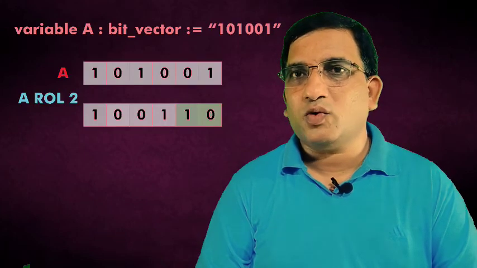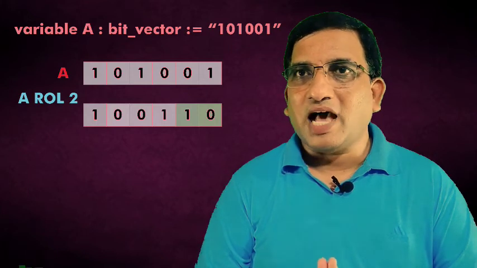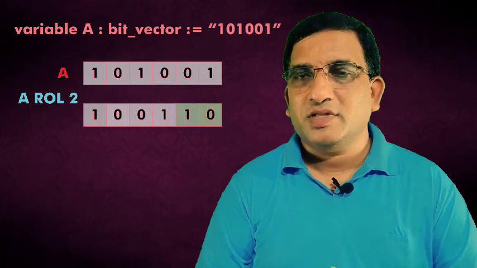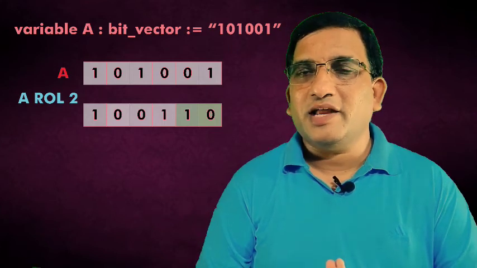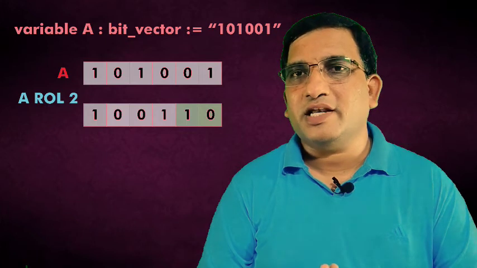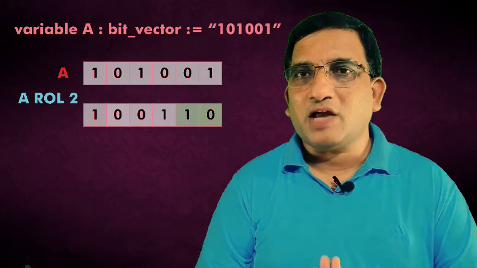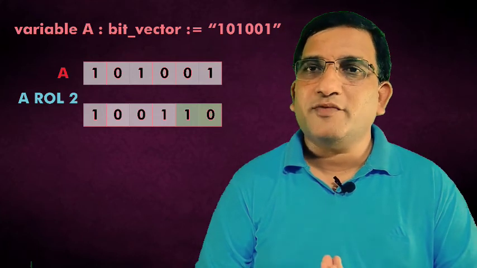Let us go for the next command, that is AROL2, that is rotate left. Now this ROL and ROR will rotate the data circularly. Rotate the data circularly means what? When I am rotating the data to the left, the leftmost bit position will go to the rightmost bit position, and when I use the ROR, that is rotate right, the rightmost bit position will go into the leftmost bit position.